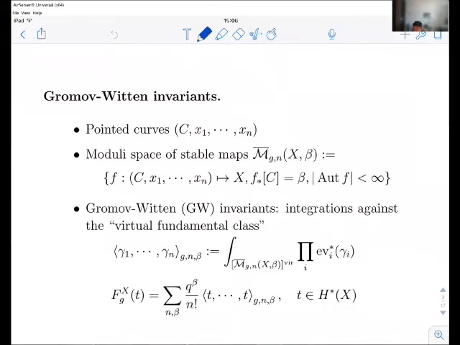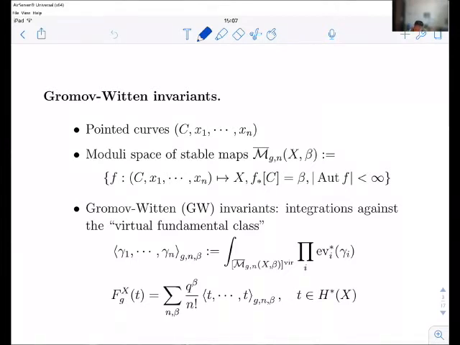We also need this map f to have finite automorphism. This means that, for example, if the target is a point and we have genus 0, then by complex analysis we know that we need at least 3 marked points to make this Riemann sphere have finite automorphism.